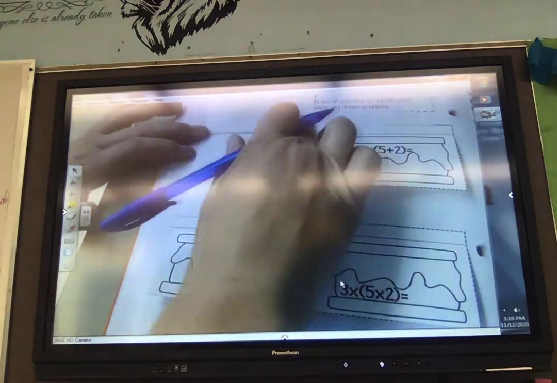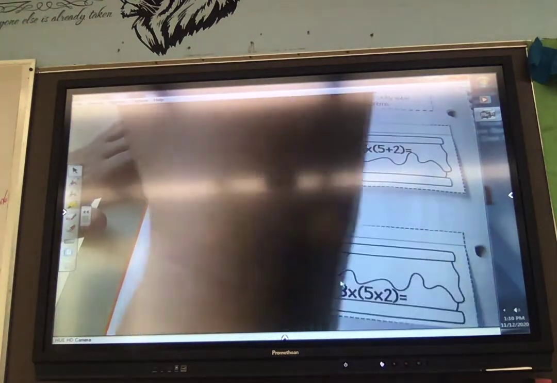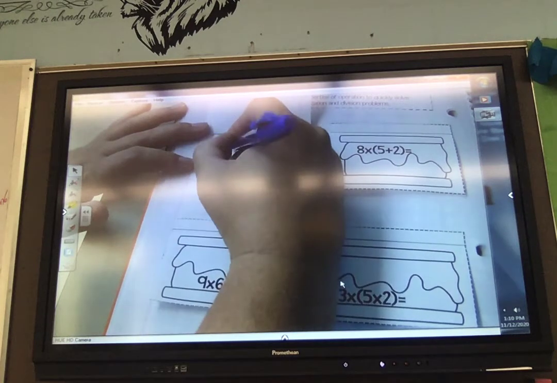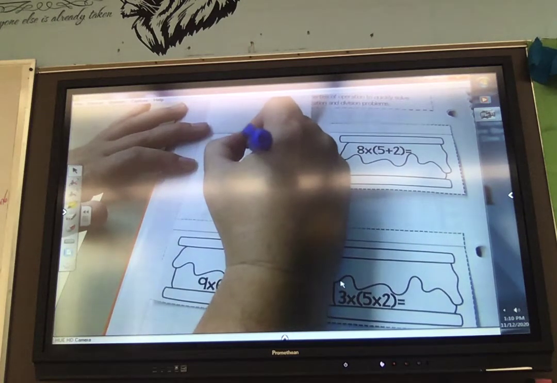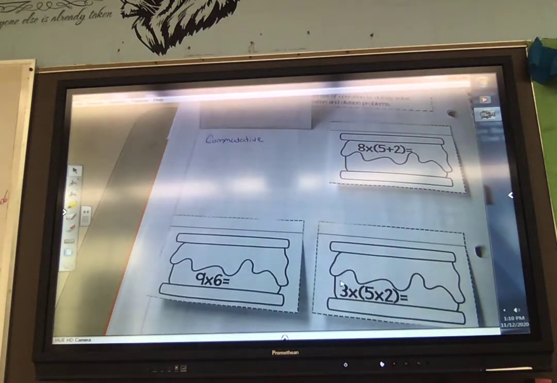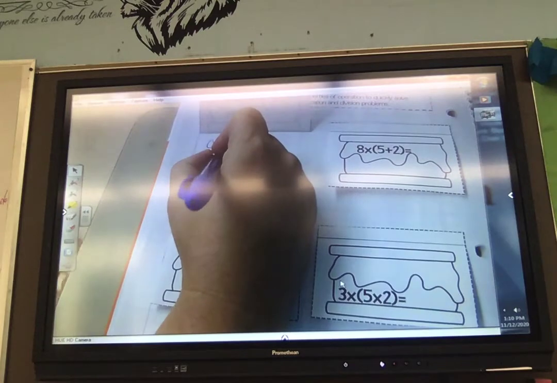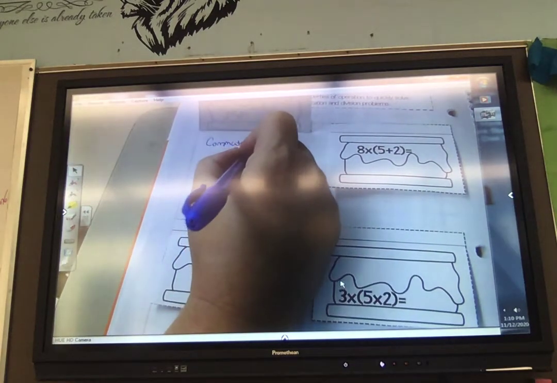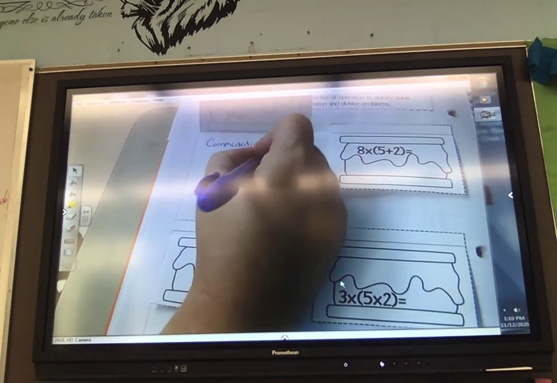So underneath this tab, we're going to write commutative, C-O-M-M-U-T-A-T-I-V-E. This is our commutative property. And commutative property tells us if we do not know 3 times 4, then we can switch the order and do 4 times 3.